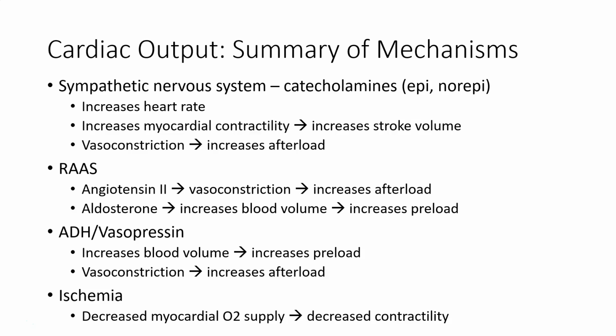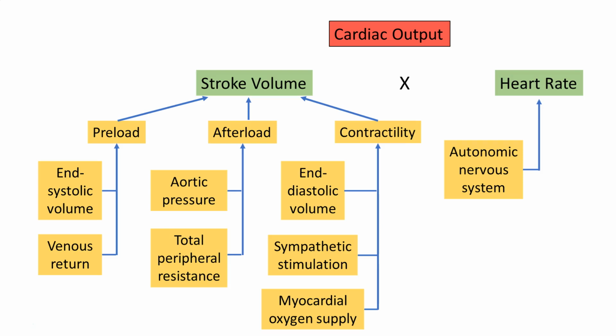And so this vasoconstriction will increase our afterload. And finally, ischemia. So if we have a decreased myocardial oxygen supply, this can cause a decrease in contractility, and so that could decrease our stroke volume. And that is our overview of mechanisms in cardiac output.